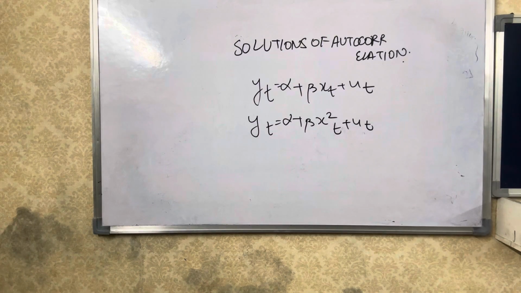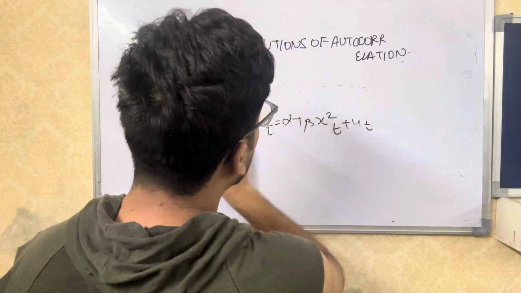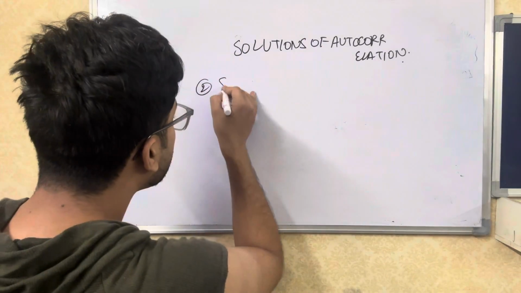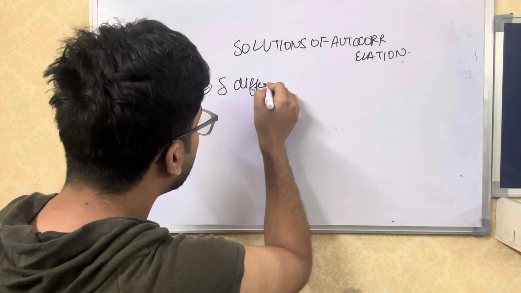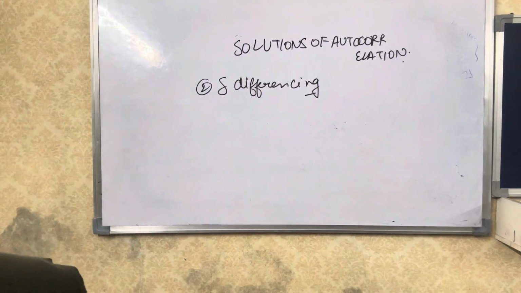Okay. So the second, this is squaring. Second is the row differencing. What does this row differencing mean?